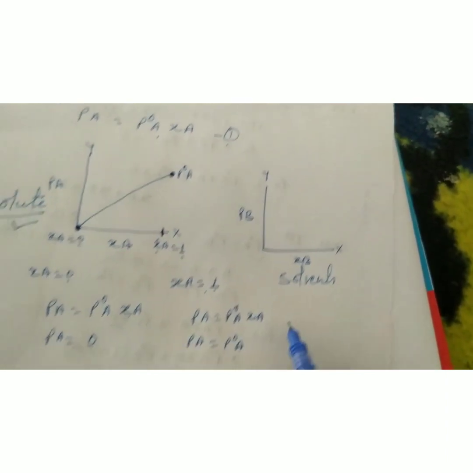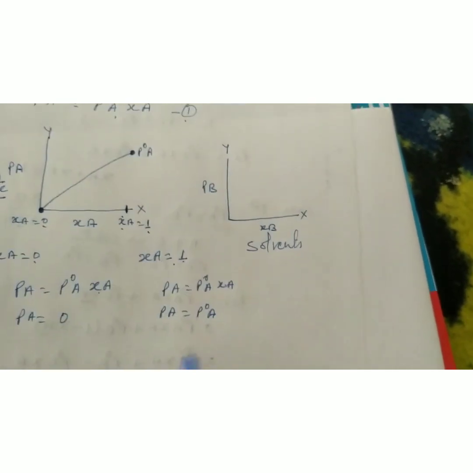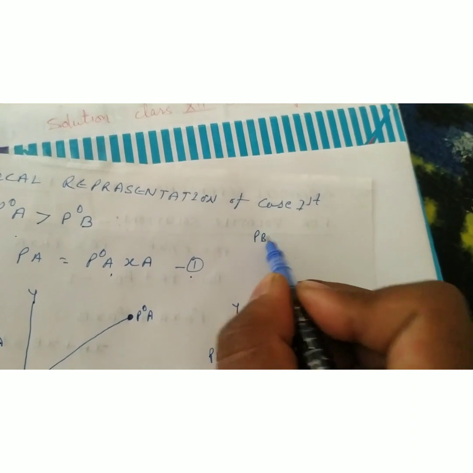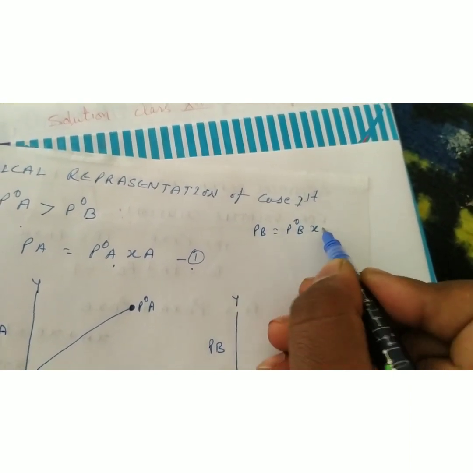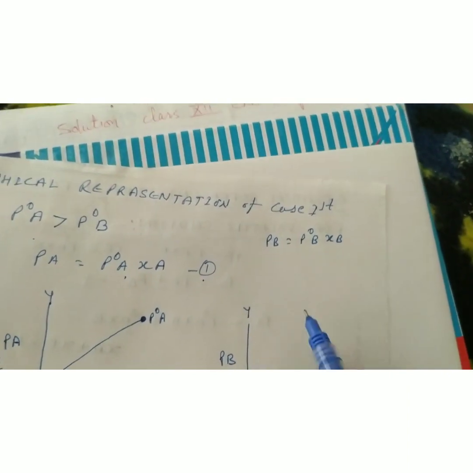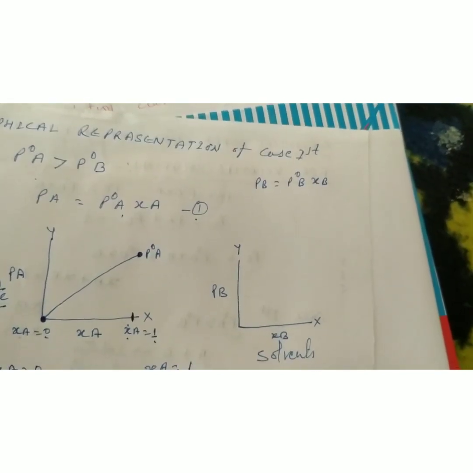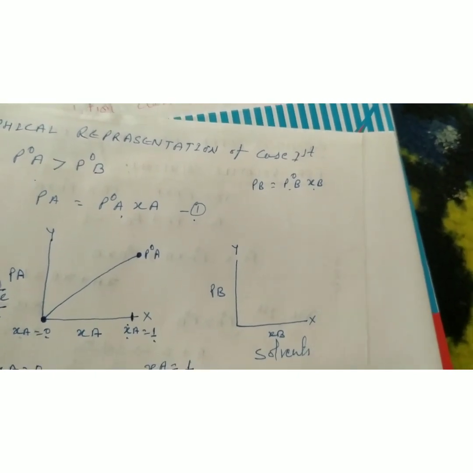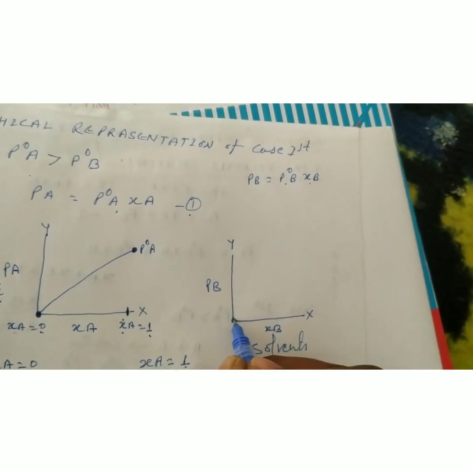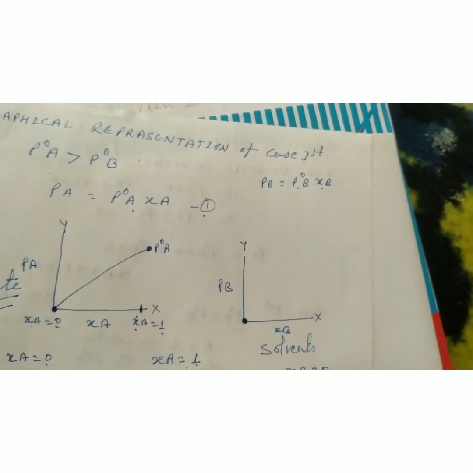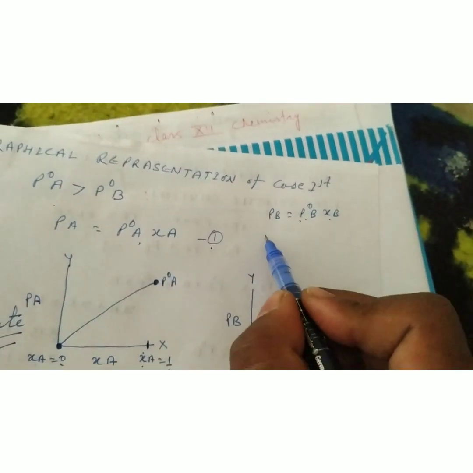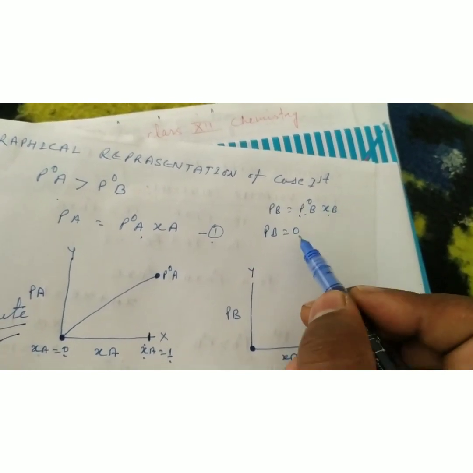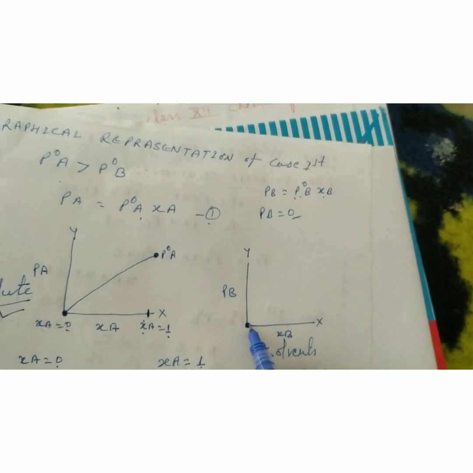We also know PB equals P naught B XB. When XB equals 0, this is the origin, and the equation turns into PB equals 0, because P naught B multiplied by 0 becomes 0.